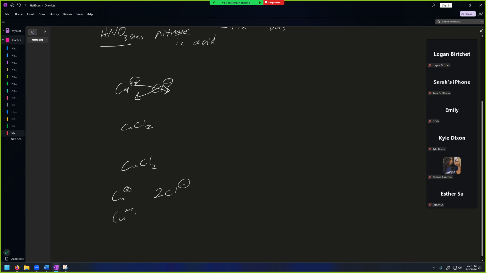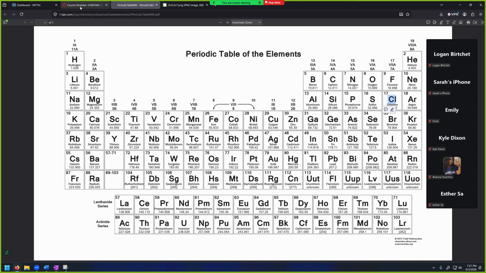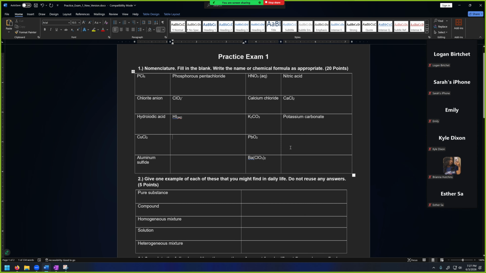The way that translates into its name is we have to specify the charge of the metal in parentheses using Roman numerals. So we'll write out the name of the element first, copper, and then open parentheses. To write Roman numeral 2, I'll just do capital I, close parentheses.